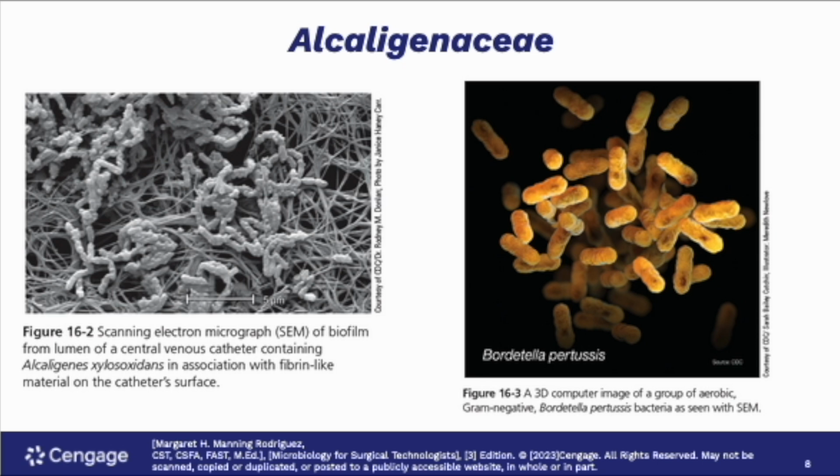And in healthcare, it has been found in the inner parts, or the lumen, of central venous catheters, especially in patients with cystic fibrosis. Now, this bacterium is a concern in oncology, which are cancer clinics, because it can cause HAIs and emergent issues for our most vulnerable patients.